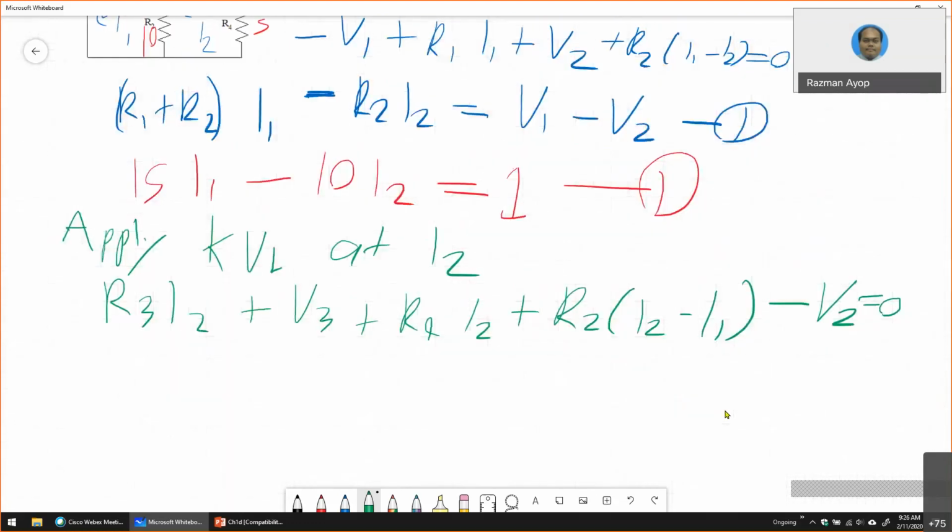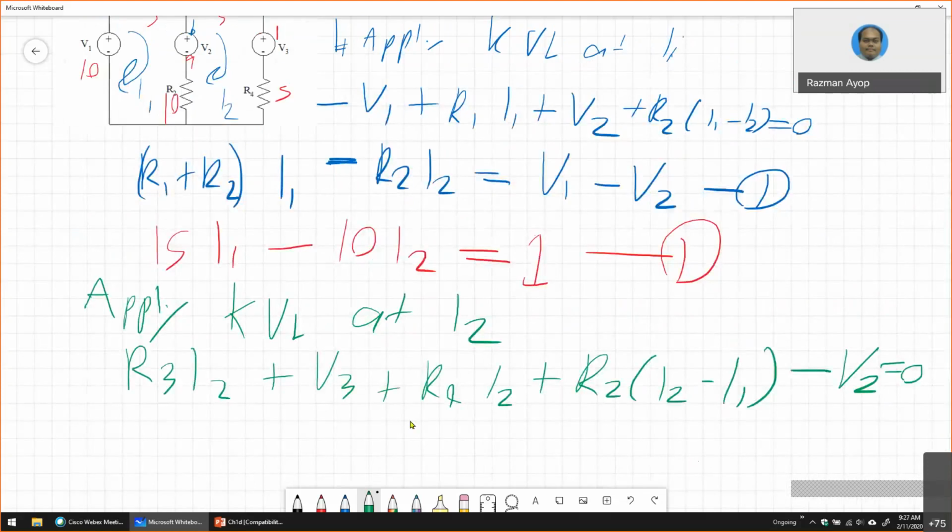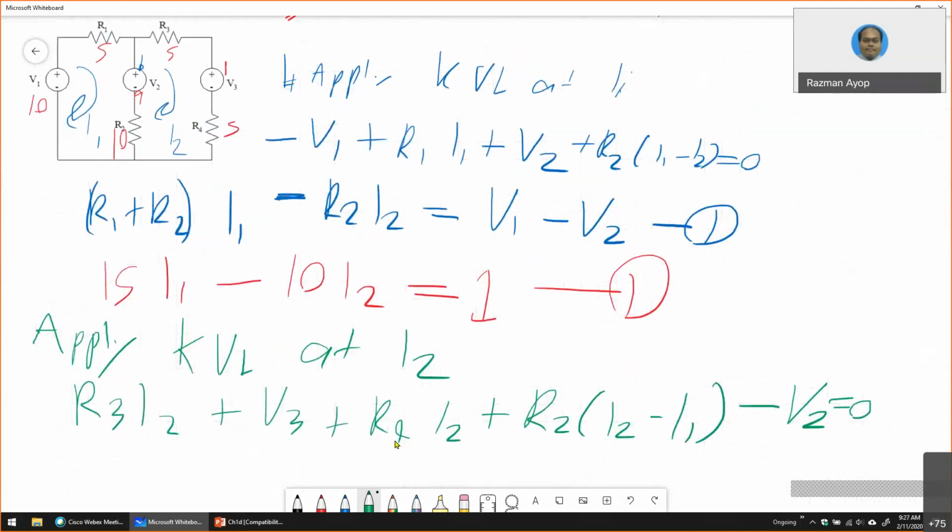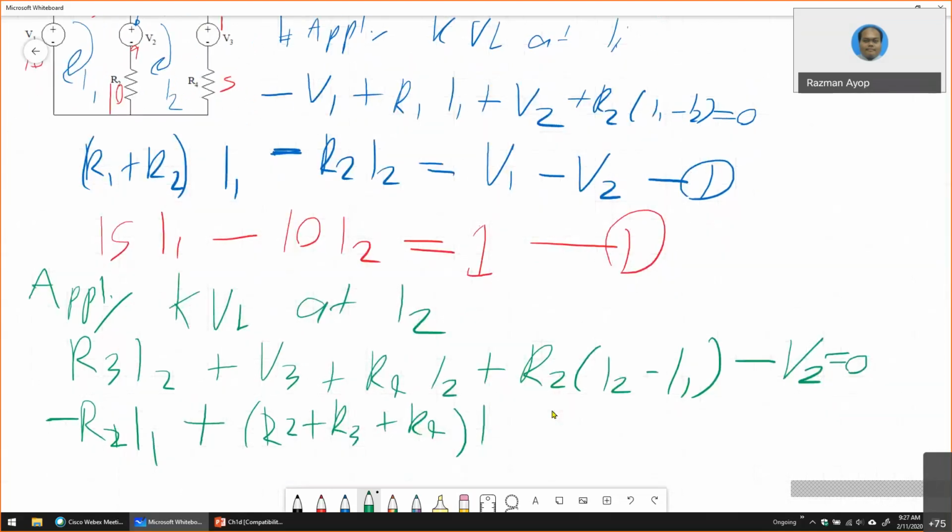Then simplify this. So negative R2 I1 plus (R2 plus R3 plus R4) I2 equals to V2 minus V3.